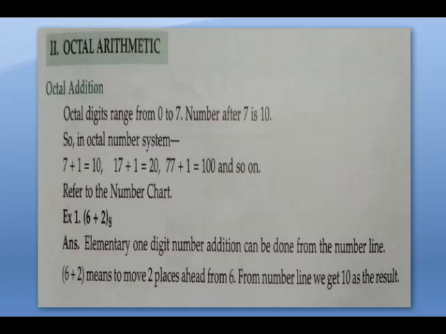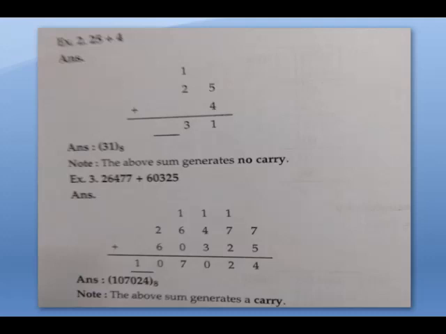Okay students, now we are going to see another example, that is 25 plus 4. This is also octal addition. 5 plus 4 means 9. But in the octal number system, the numbers range from 0 to 7.